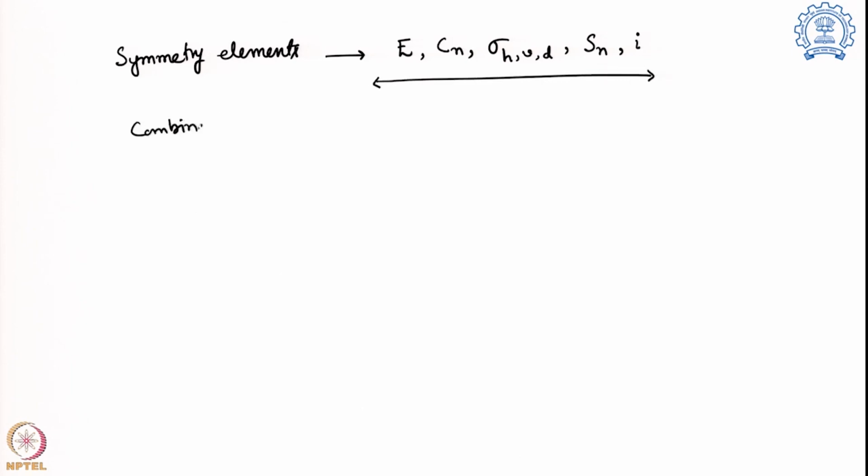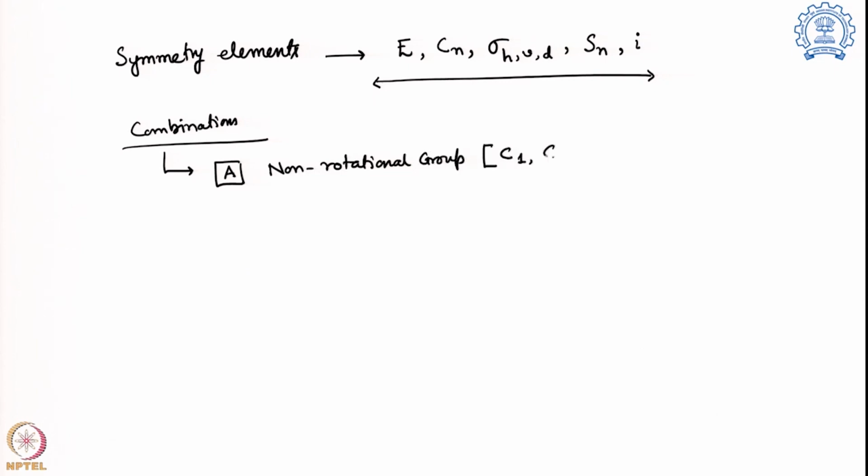And we found that there are different combinations of these symmetry elements that can be present, and they can be differentiated into 4 major groups. One is the non-rotational group, which is given by C1, Cs or Ci.